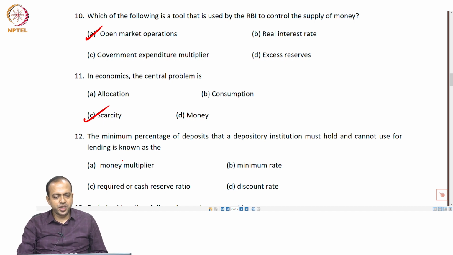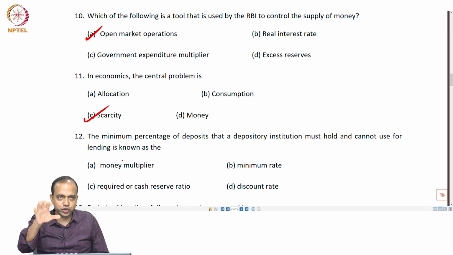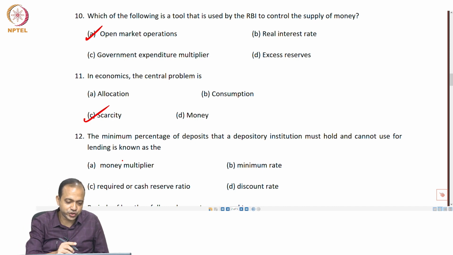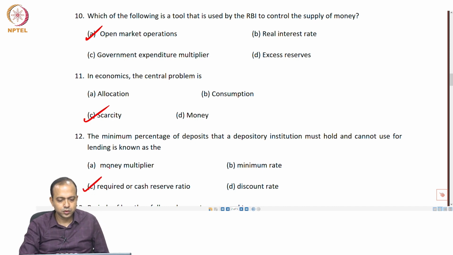Then, the minimum percentage of deposits that a depository institution must hold and cannot use for lending is known as, you may recall that when some amount of money is deposited in a bank, then the bank keeps some amount of reserve in its vault and the remaining is used for loan purposes, and that is known as the required or cash reserve ratio, CRR, cash reserve ratio, or required reserve ratio.